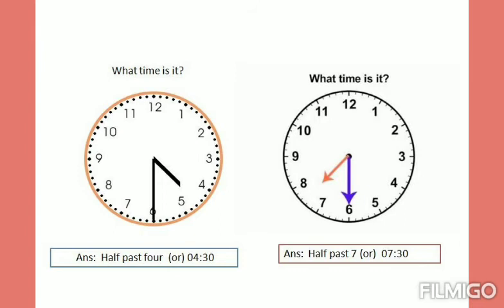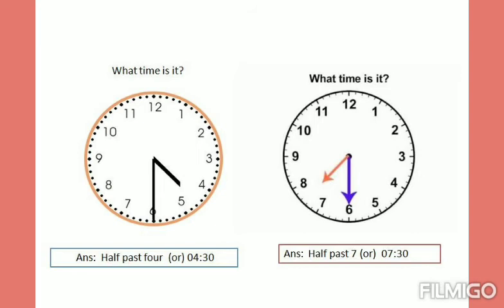Similarly, look at the next example. In this we have the hour hand between 7 and 8, and the minute hand is exactly at 6. So this time we have to read the time as 7:30.